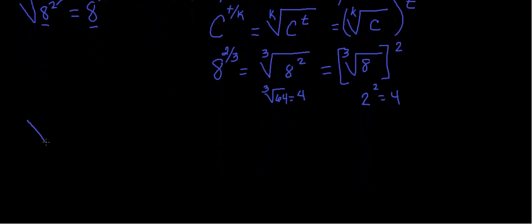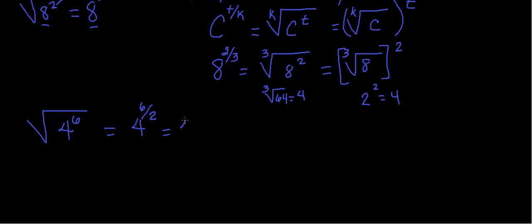Let's do one more example on how to switch. Let's say I ask you to write this as a rational exponent. What you do here is you take 4. Remember, your exponent becomes the numerator of your rational exponent, and the denominator of your rational exponent is the index or the root. In this case, there's nothing written here, so that must mean it's a square root, so it's a 2.